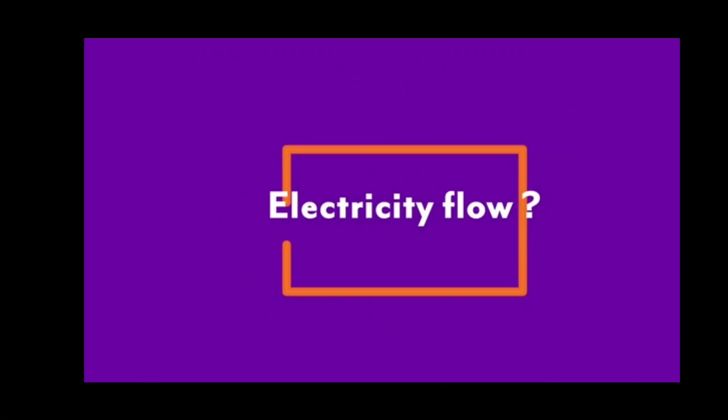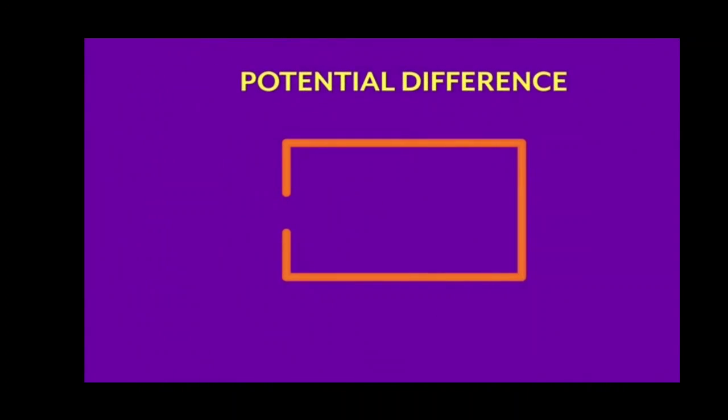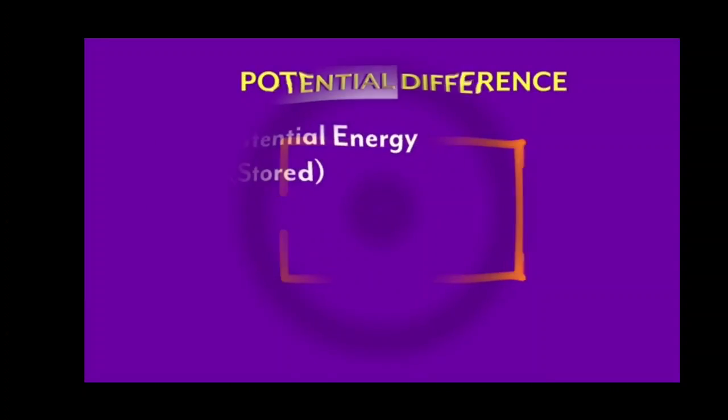We have to create a potential difference. Just as we created a level difference or height difference for the water to flow, here, in case of this copper wire, we have to create a potential difference. So what is potential difference? What does the word potential mean?